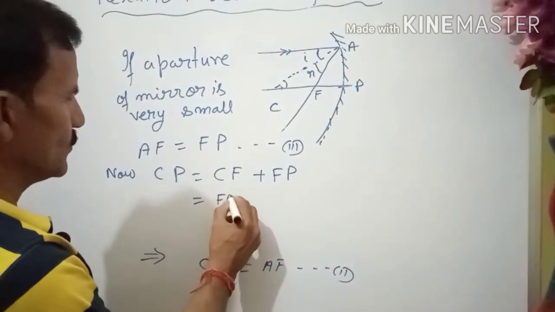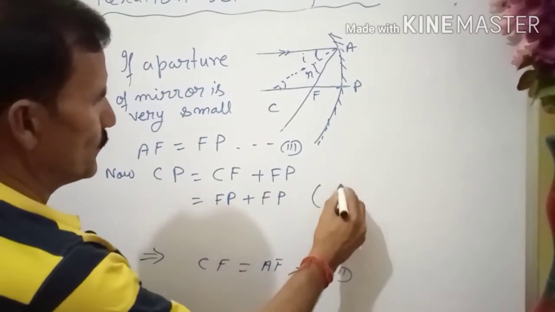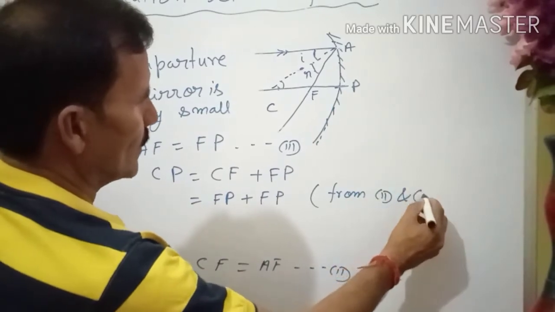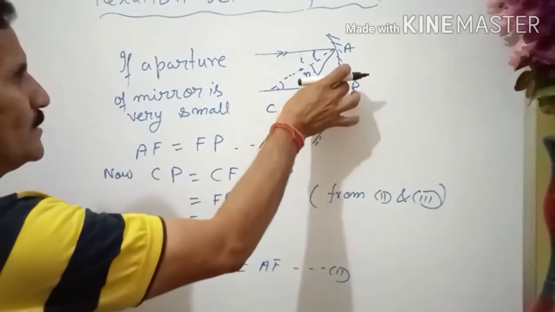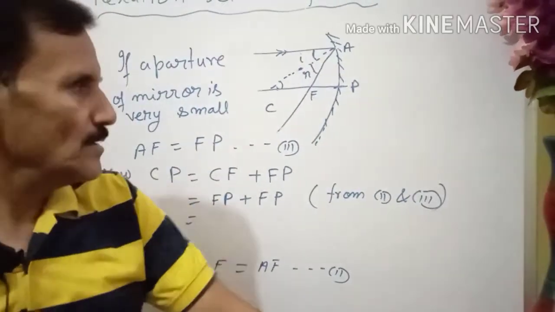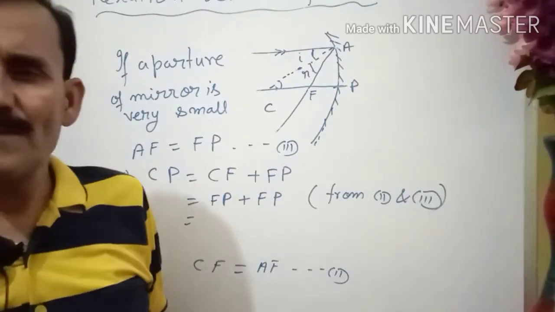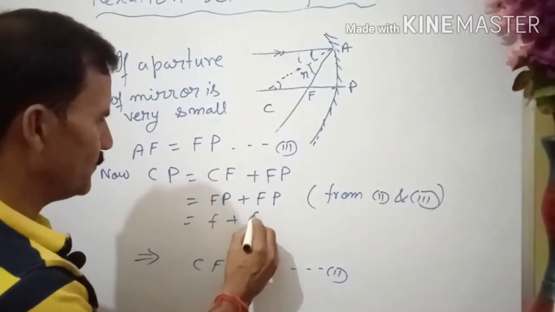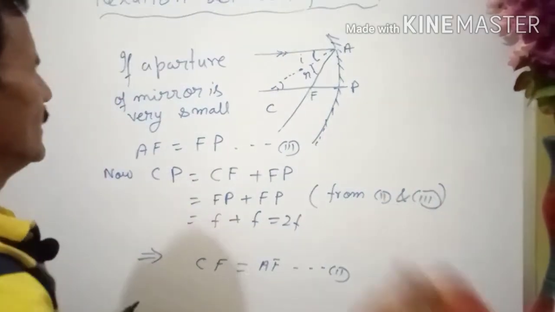So it is also FP plus FP, from 2 and 3. Now FP is defined as the focal length of the mirror, the distance between the pole and the focus. So it is F plus F, and so you are getting 2F.